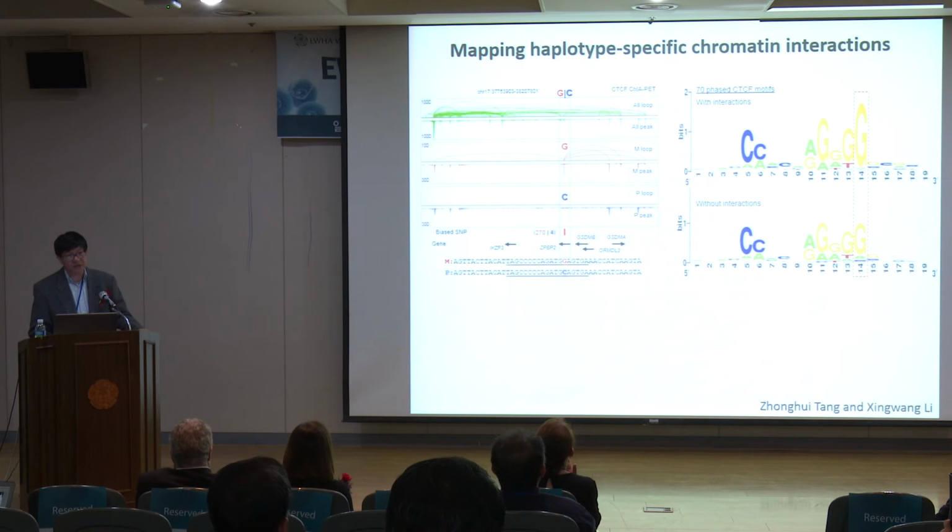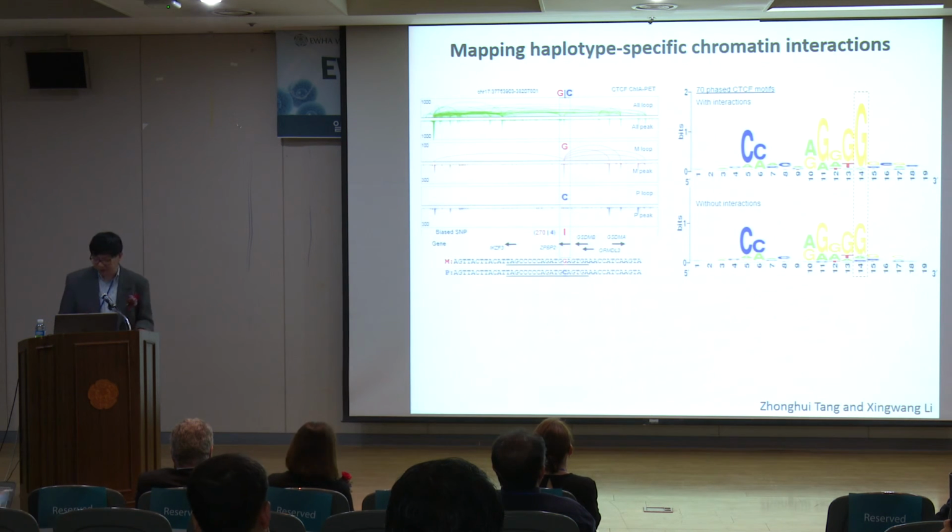With this information, we found that statistically most of the CTCF binding sites are associated with the canonical CTCF binding motif, while the CTCF loci that lose or have weak CTCF binding usually have altered motif structures.